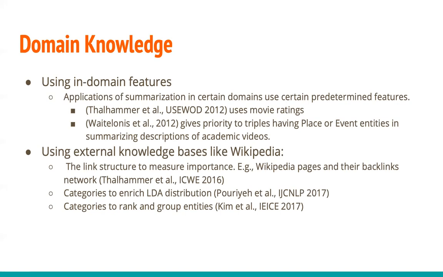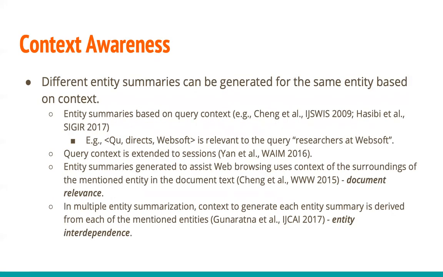And then next we can look at context awareness, which is also important for certain applications. For example, when you are making entity summaries, let's say a user is giving some input or query, so that you can make use of that information to make up an entity summary. The search intent or user intent is captured somewhat in that user query.